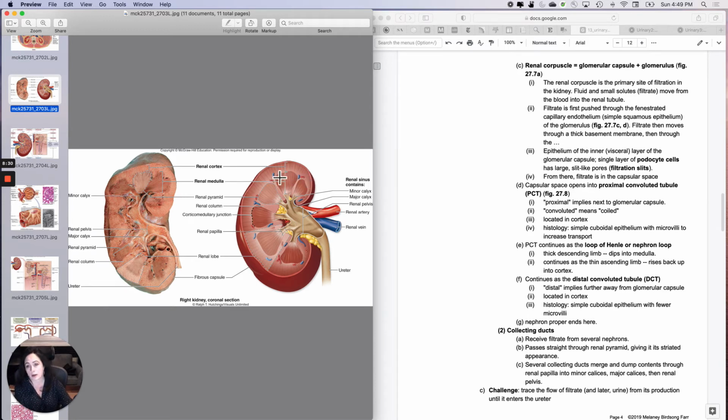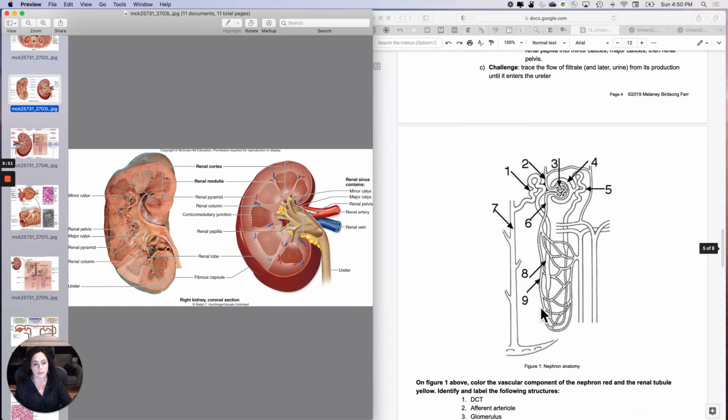That's where all of the processes are going to go on. And then the collecting ducts are going to run from the base to the tip, the papilla. Then you're going to gather the urine from the collecting ducts into the minor calyx, major calyx, renal pelvis, ureter, and then urinary bladder and urethra.